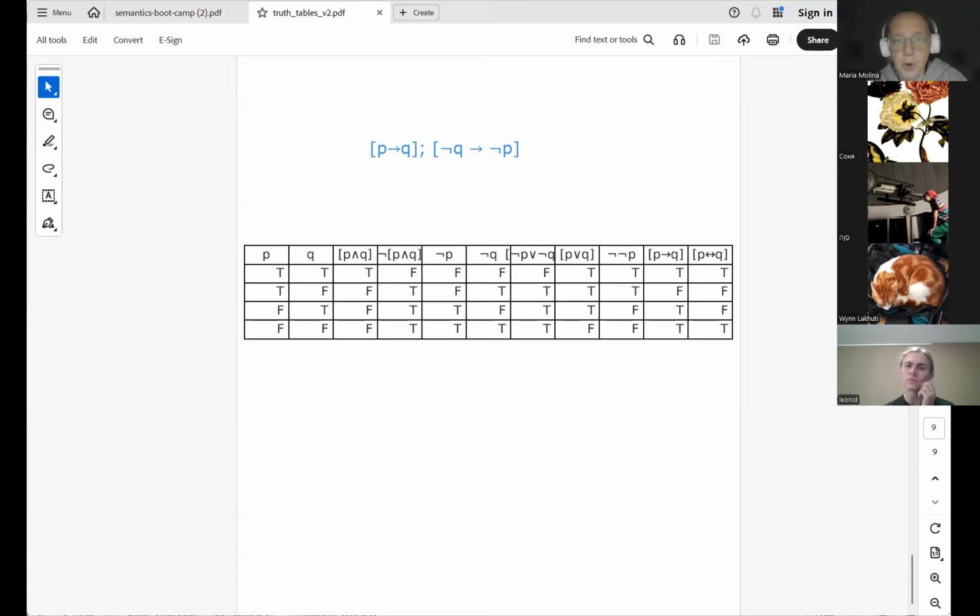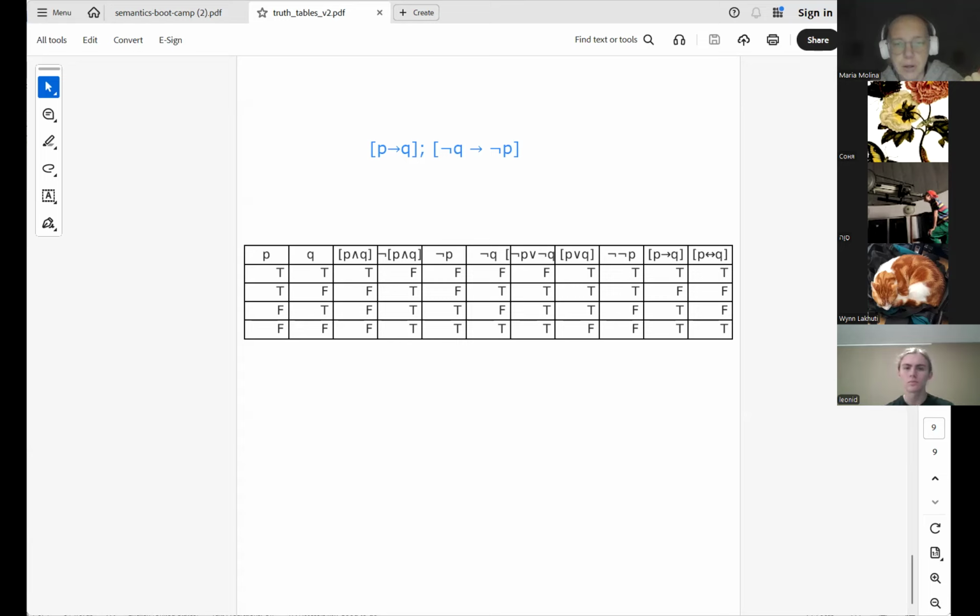One moment. De Morgan's law: negation of P and Q is equivalent to negation of P or negation of Q. This is De Morgan's law for conjunction, for example.